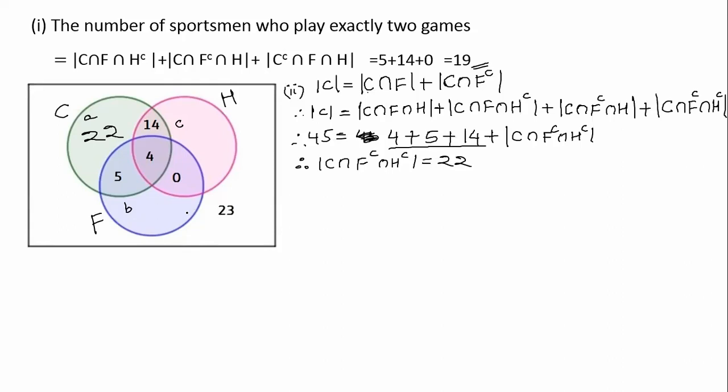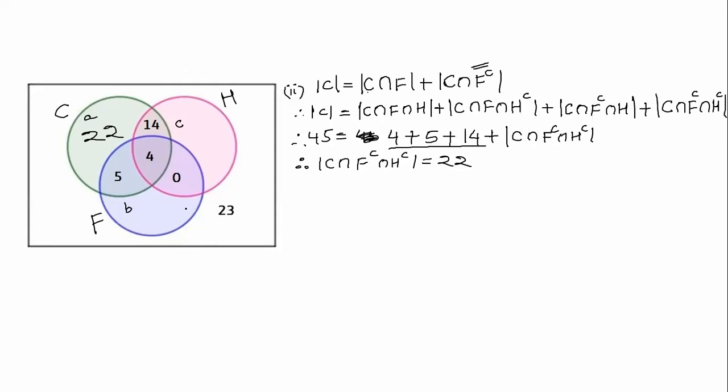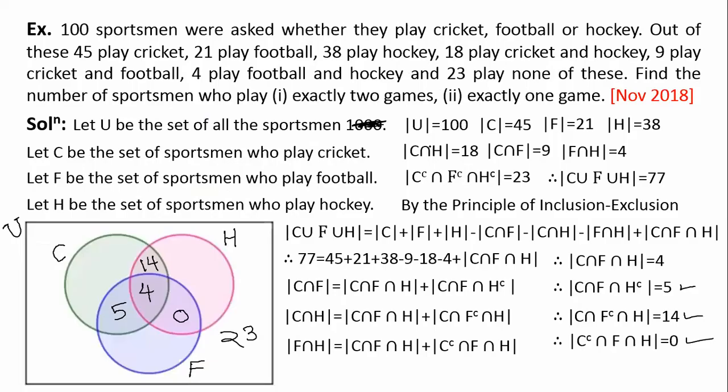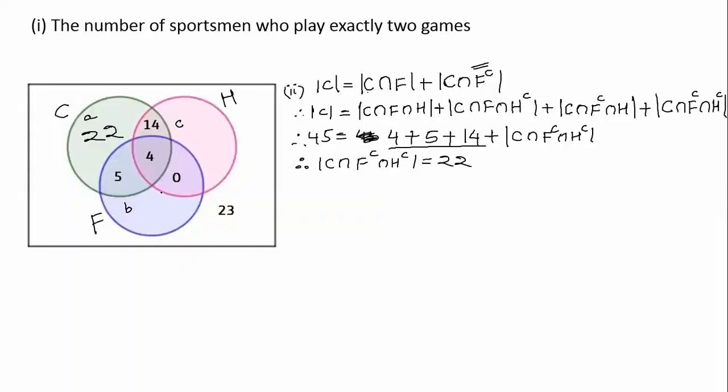For that, the people who play football is equal to 21. So 21 must be equal to 4 plus 5 plus 0, that is 9, 9 plus 12. So this must be 12. So you can similarly find this one, and then you can finally find the number of people who play only hockey.